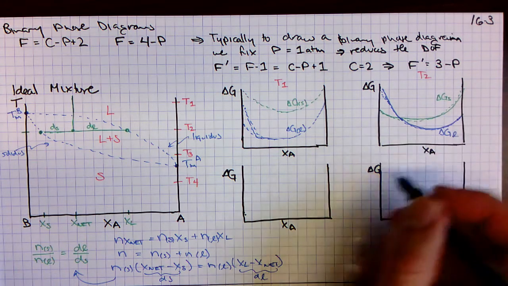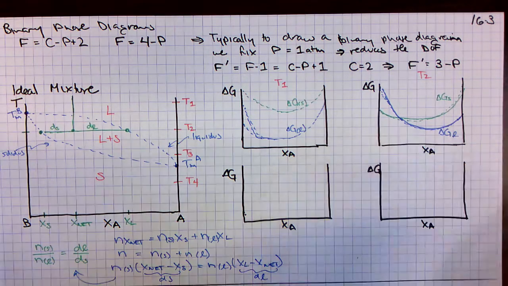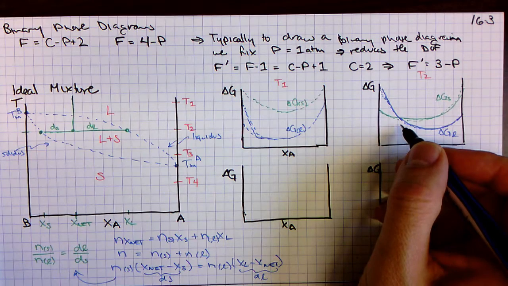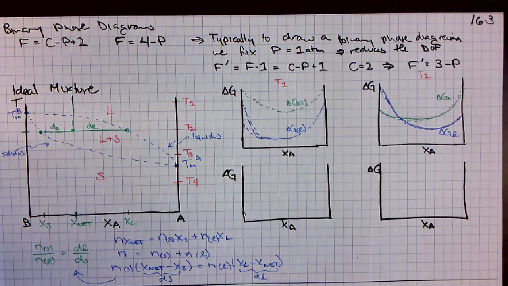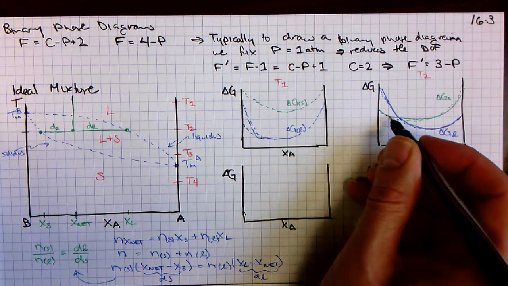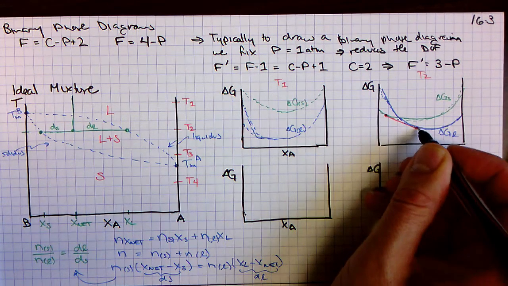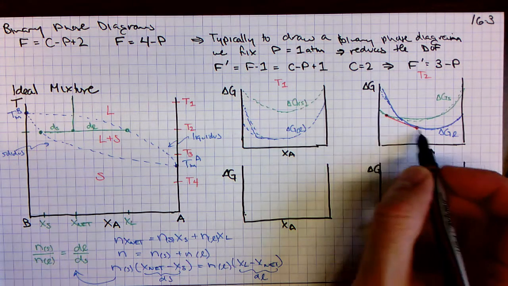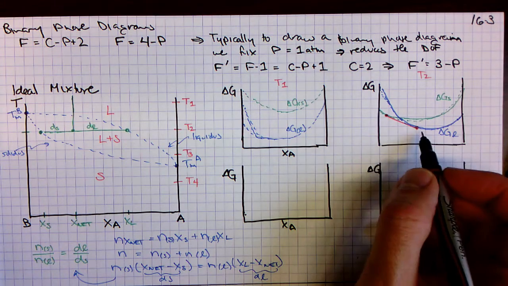And what we note in this region is that there's some region where it's possible to draw a line that connects the two free energy curves and lower delta G by creating a mixture of the two phases.